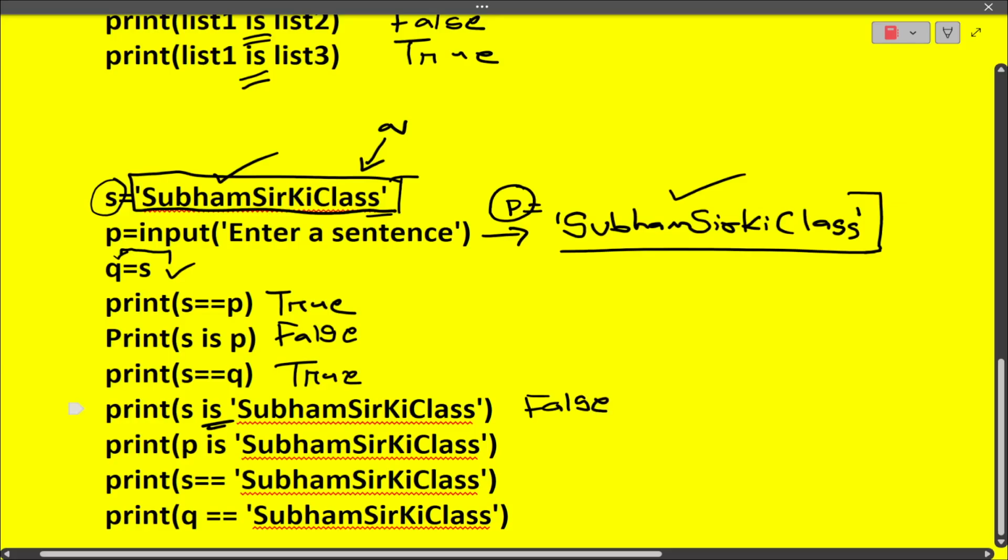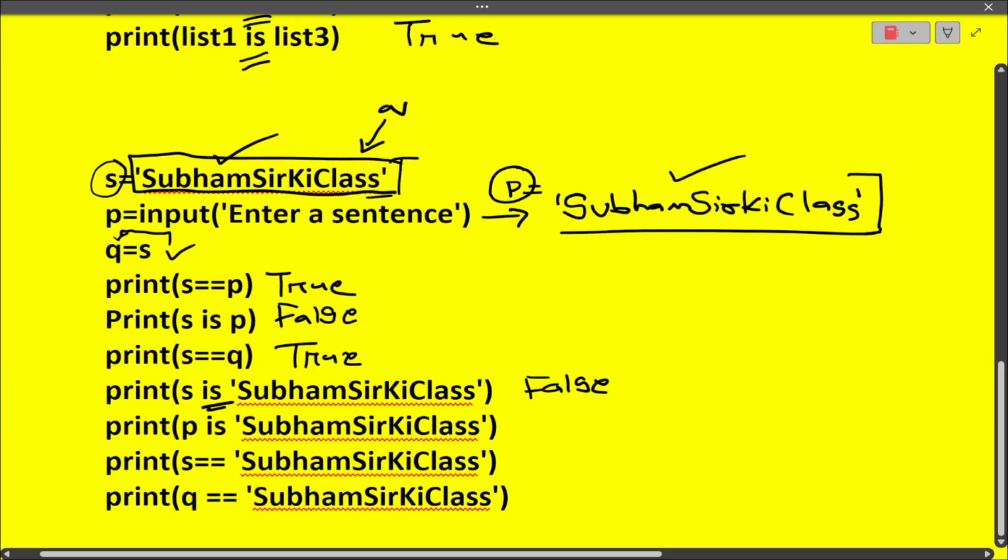Because this is some other string and this particular string is not present in the variable S, because I have not stored it anywhere. So how can I say that this particular object mentioned in this printing statement is present in the object S or not? How can I say that this Shubham sir ki class which I have written in single quotes belongs to the object that S belongs to? That is why it will result in false.